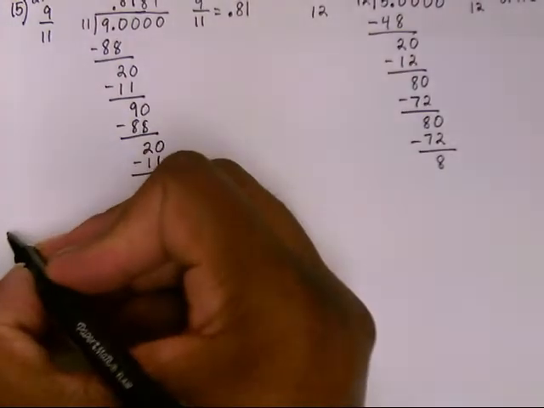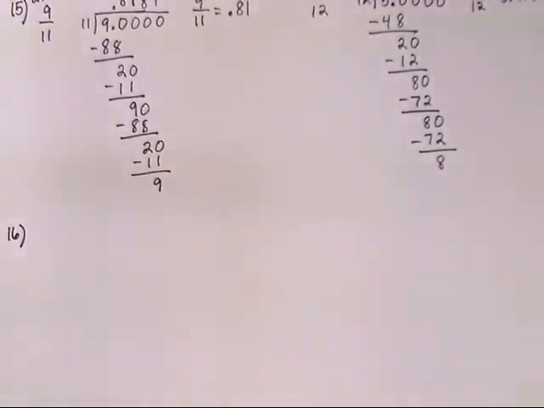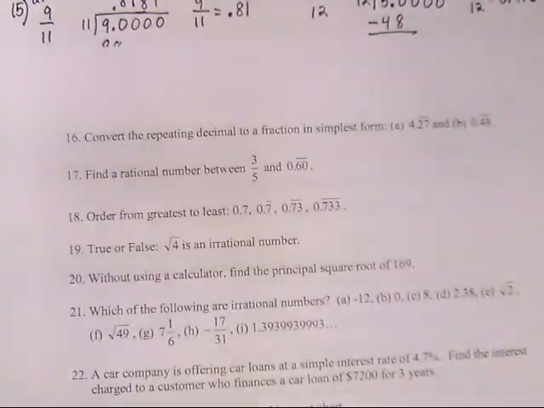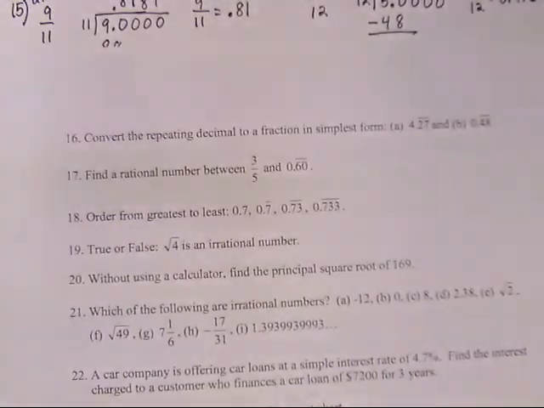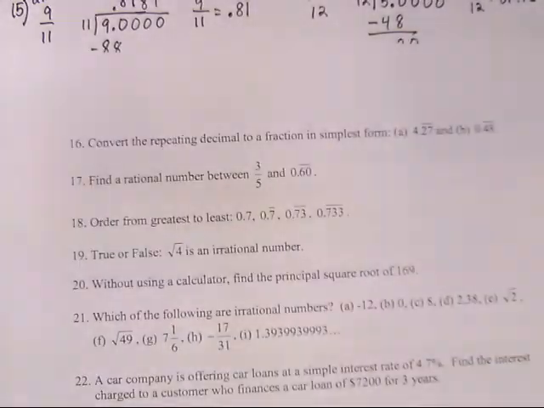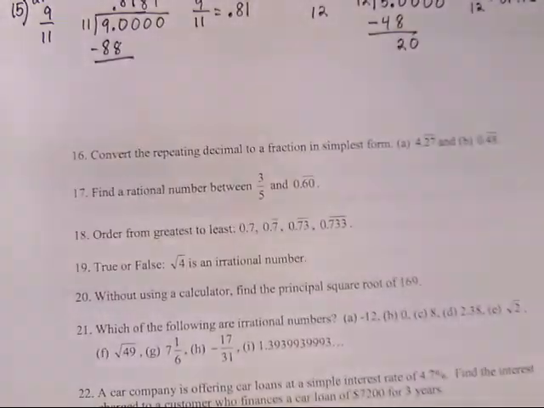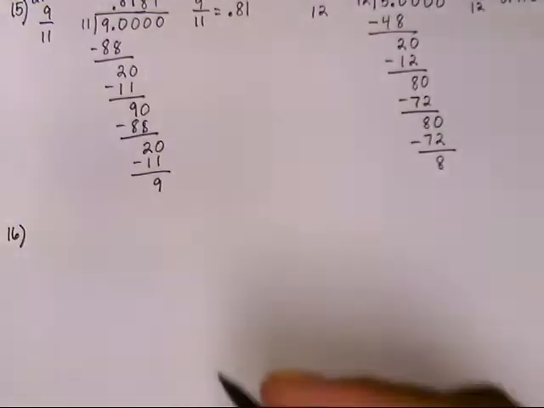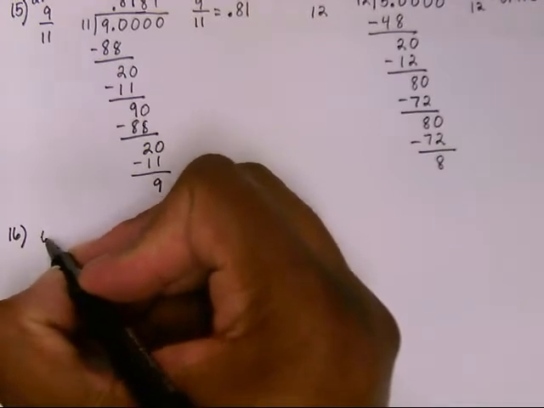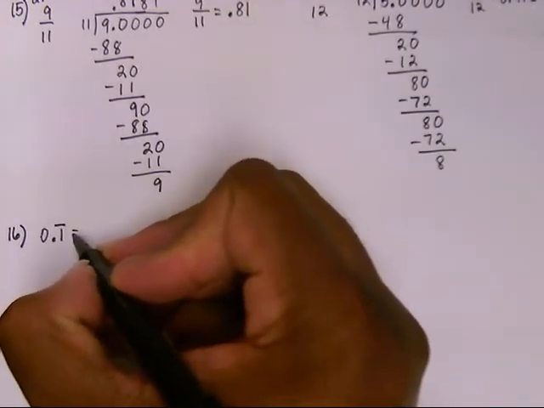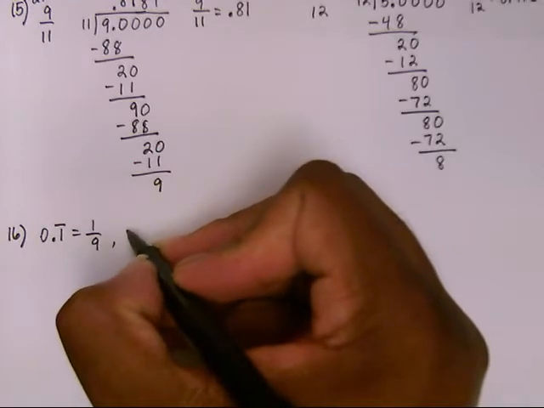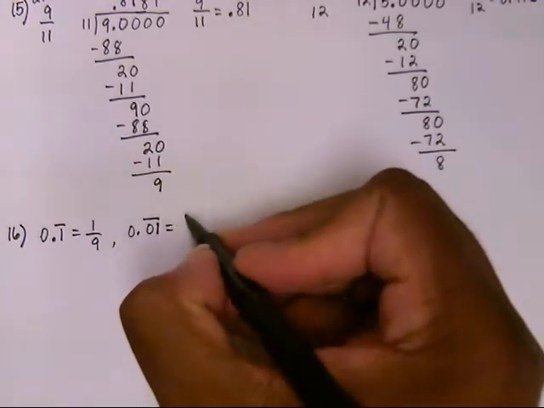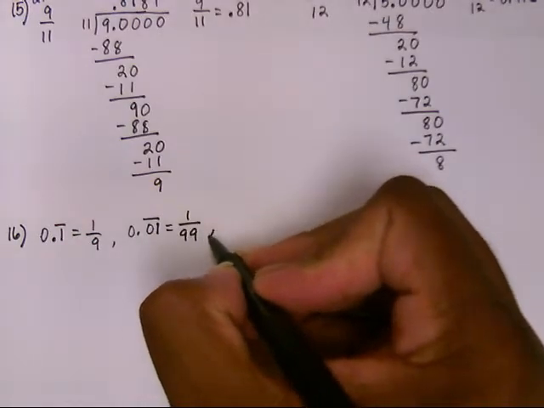Alright, number 16. Convert the repeating decimal to a fraction in simplest form. In part A, 4.27, where the 2 and the 7 repeat, and in part B, 0.48, where only the 4 and the 8 repeat. Okay, so now we're going to use the fact that 0.1 repeating is actually 1/9. 0.01, where only the 0 and the 1 repeat, that's 1 over 99.